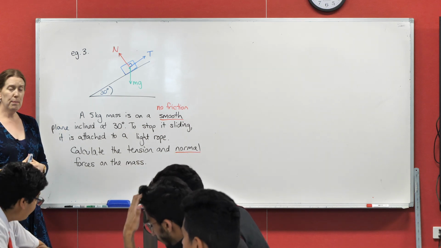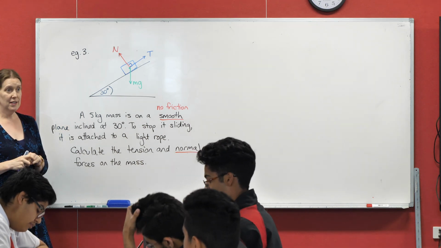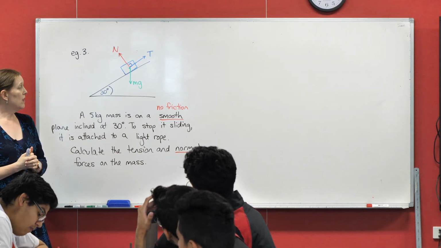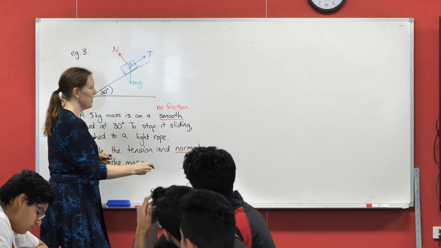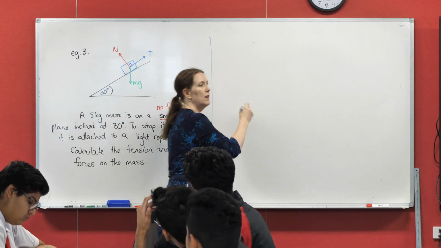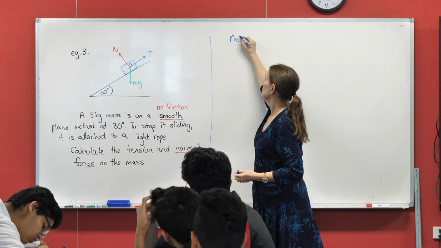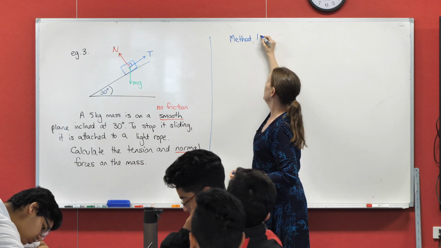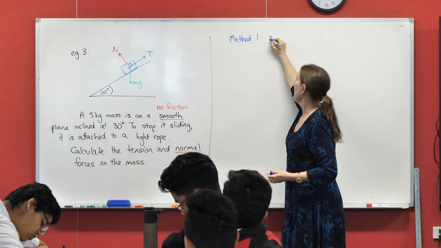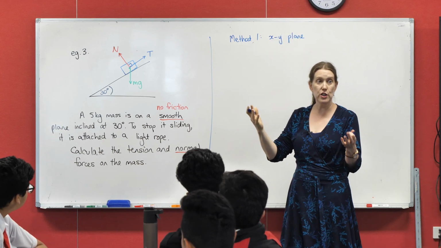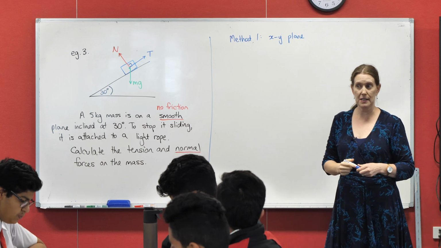Now, I promised that we would do this 2 ways and that I wasn't necessarily going to show you both. I'm going to try and show you both, even if I don't talk you through them. The traditional method, which is where we're going to start, is going to be resolving all our forces into an XY plane or an IJ plane because we're talking about vectors.